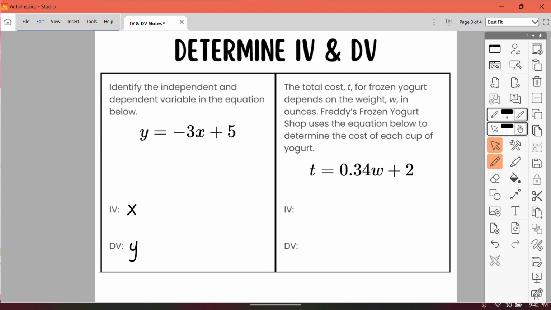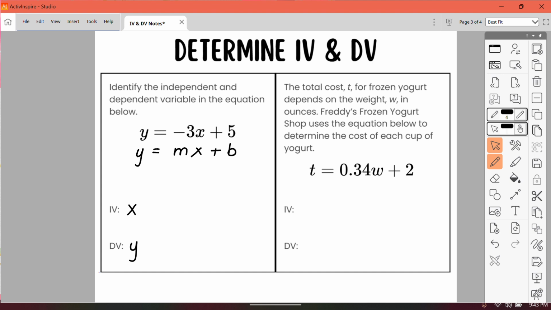Remember, this number is the slope, this number is the y-intercept, but that y is your dependent, and this x is your independent. All right, that's best case scenario. That's like the easiest kind of test question that's going to show up for this.